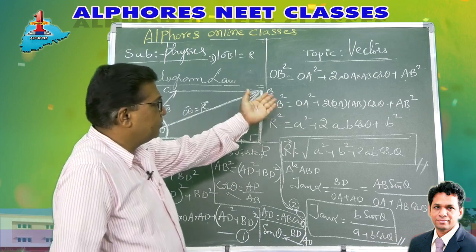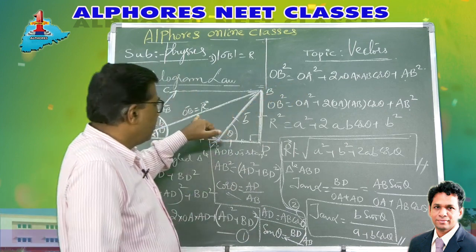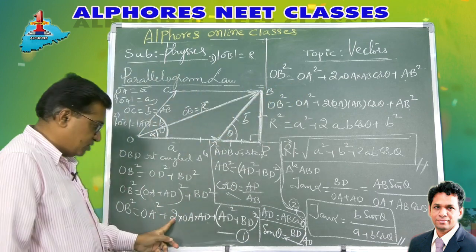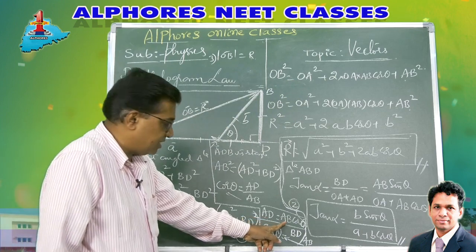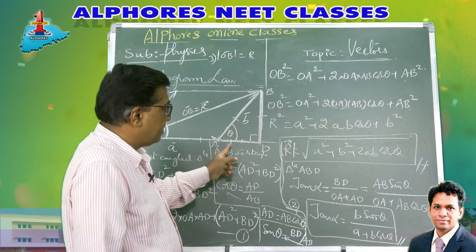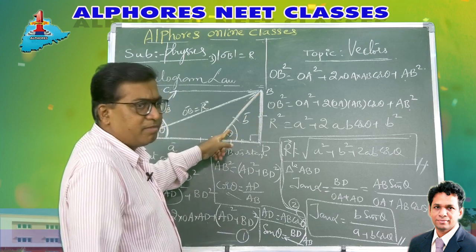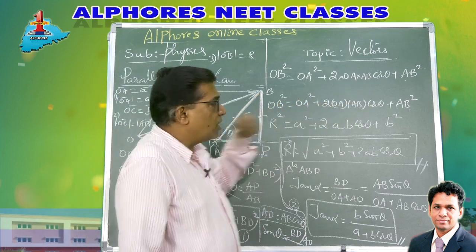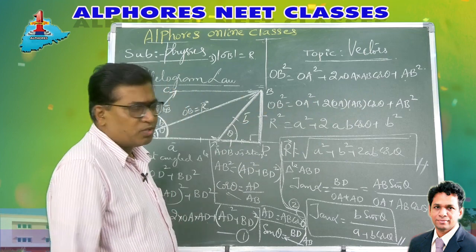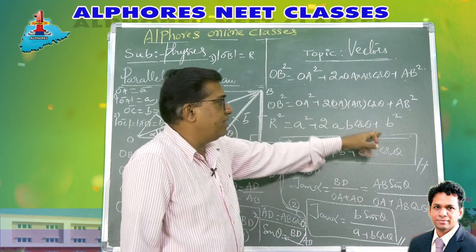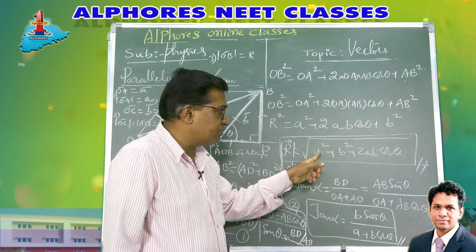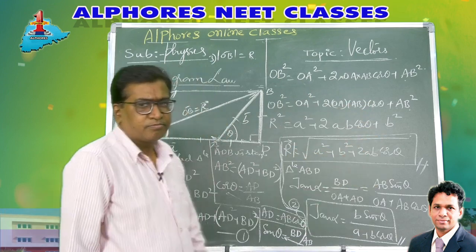So I get OB square, the diagonal. OB square is OA square plus 2 OA as it is. Now AD, I am substituting AD as AB cos theta. AD square plus BD square is, by Pythagoras theorem, AB square. So that is AB. Now substitute the respective magnitudes. Length OB is R, length OA is A, length AB is B. So R is root of A square plus B square plus 2AB cos theta.